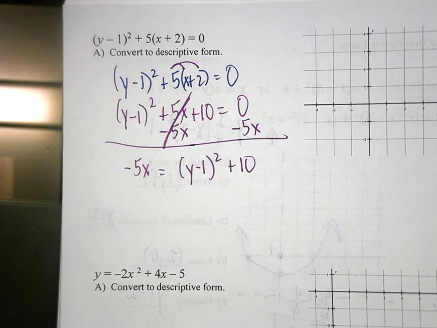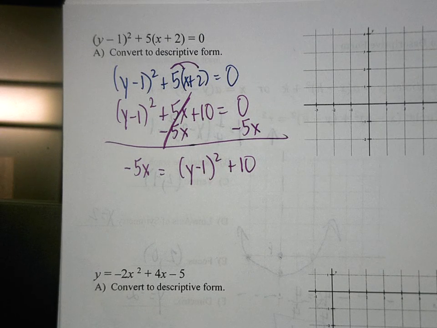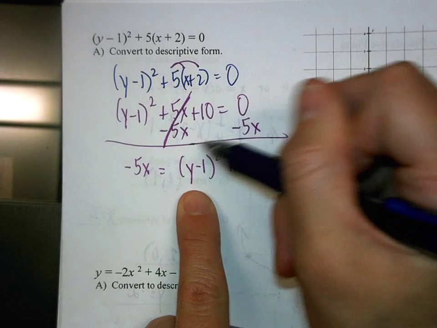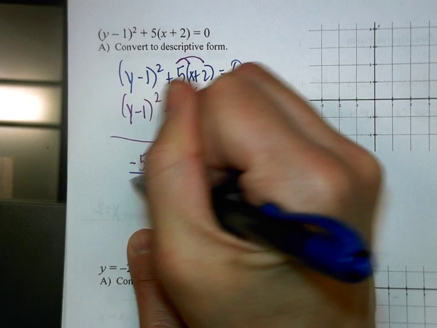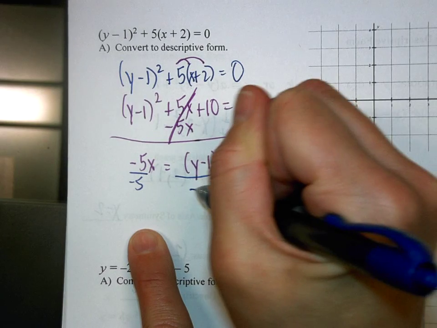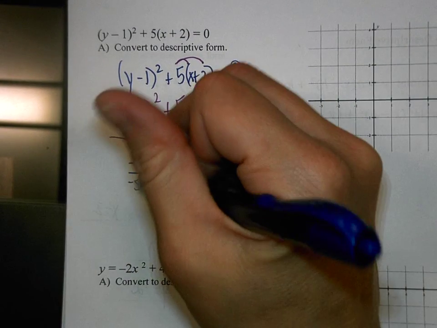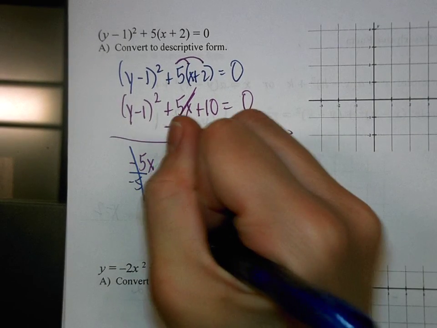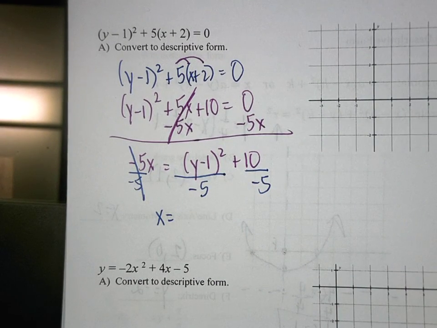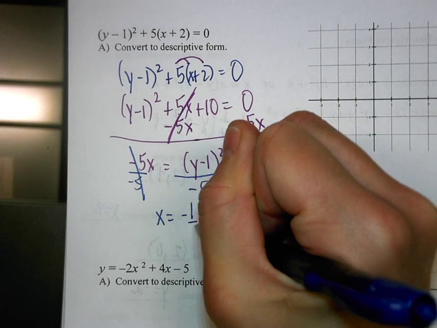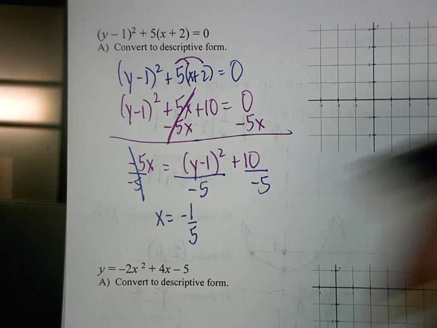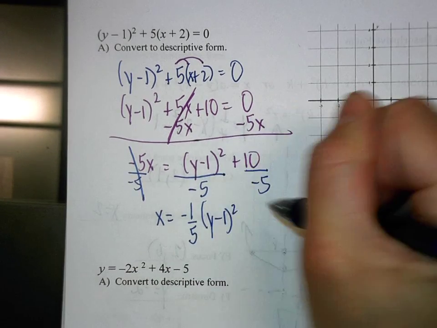Okay, what should I do now? Divide by negative 5 to everything, right? And so remember, and this is kind of what we talked about before, this is one thing. So we're going to divide by negative 5, so this parenthesis is being divided by negative 5, and the 10 is being divided by negative 5. This cancels, and so how would I write my equation? Perfect.